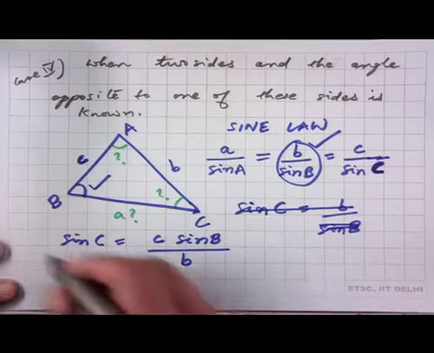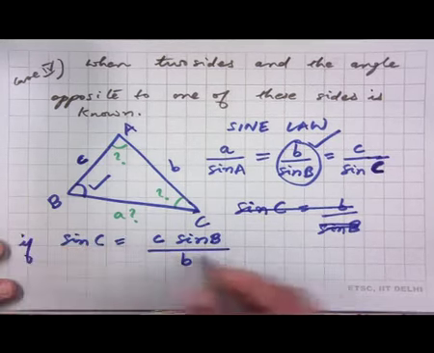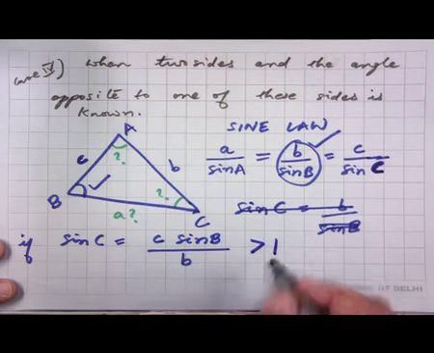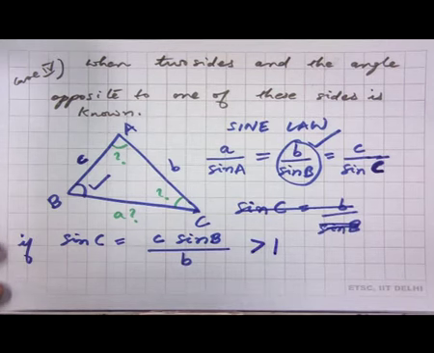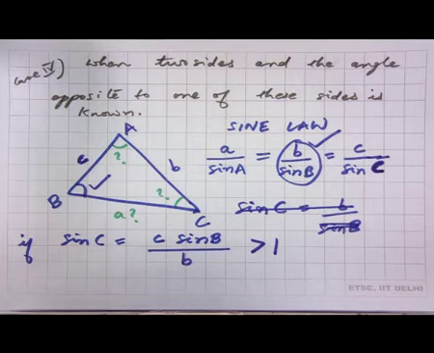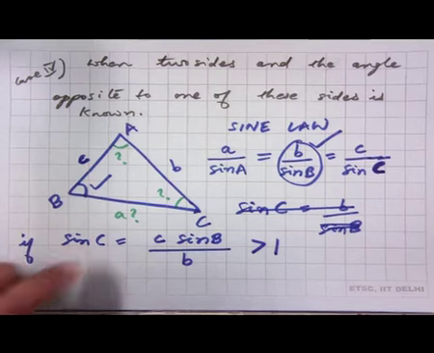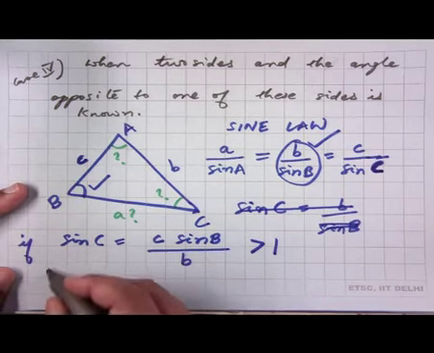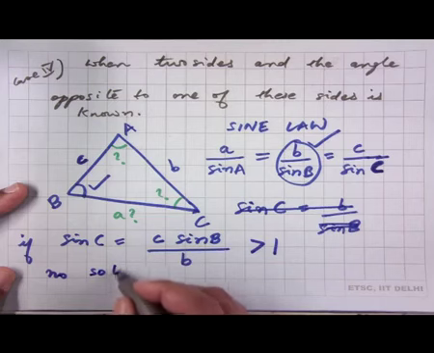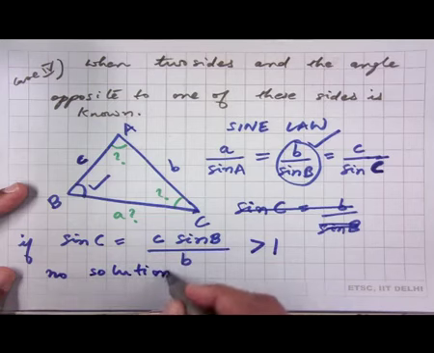If this is computed to be greater than 1, then definitely that is an impossible scenario, because sine of any angle can never be greater than 1, right. And therefore, in this case we have no solution.